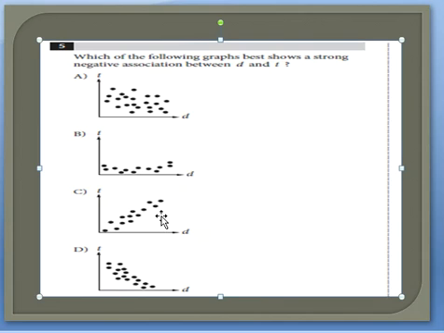Same thing with B. In C, we see a certain relationship. As D increases, so does T. But that is a positive relationship. So we look at D. As D increases, T is decreasing.